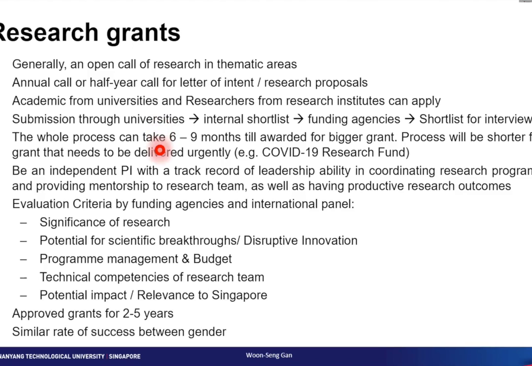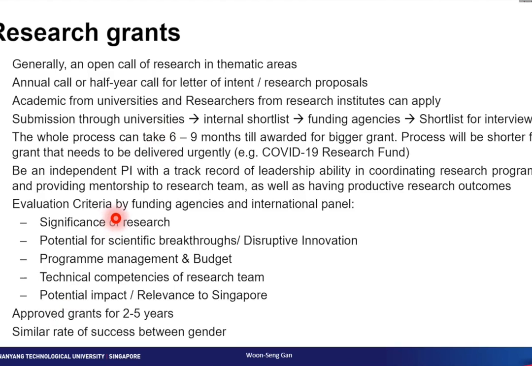The whole process, I would say, ranges from 6 to 9 months before the award of these grants. Recently, though, there are also urgent research grants, for example, the COVID-19 Research Fund. This has a much shorter review process, and it awards the project much quicker.